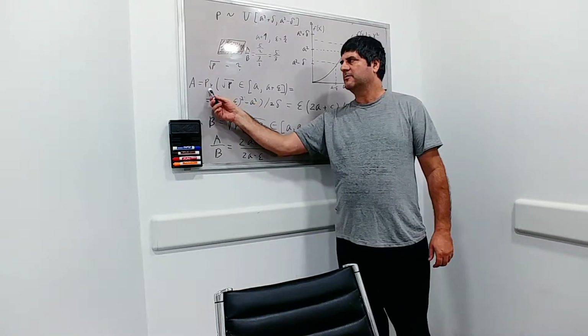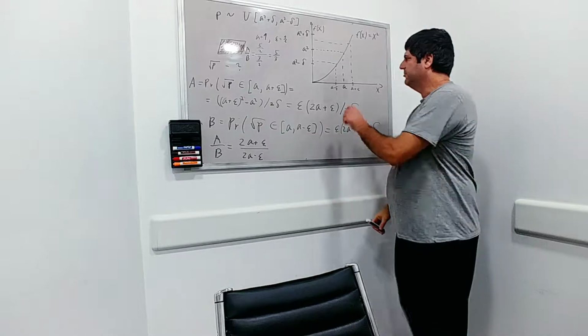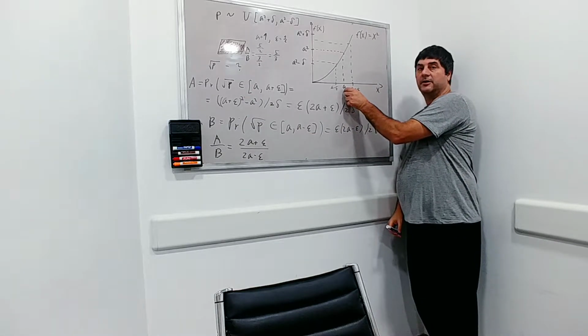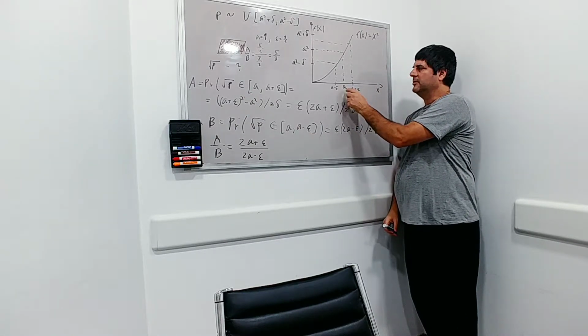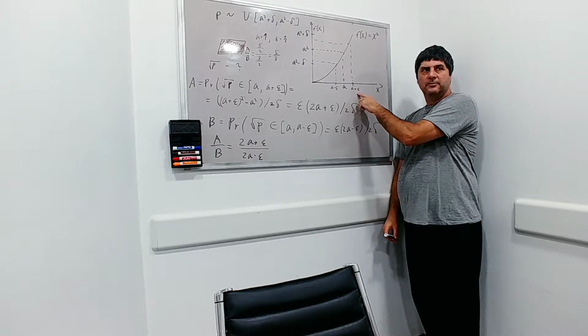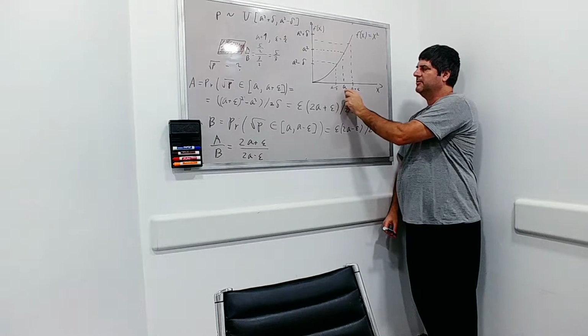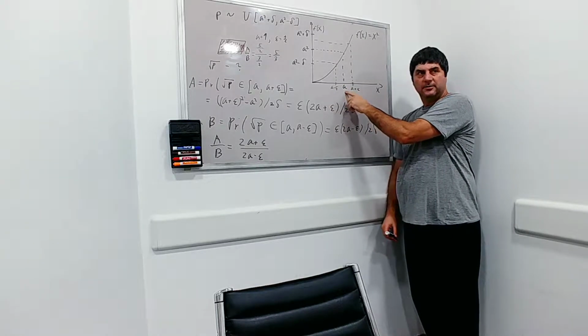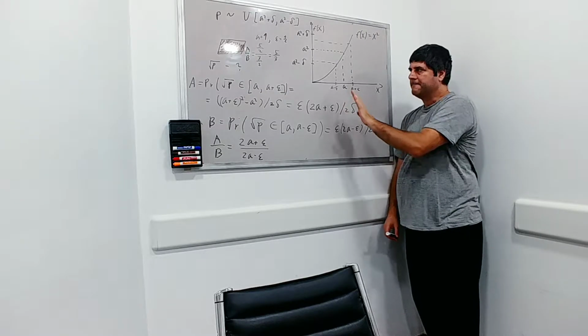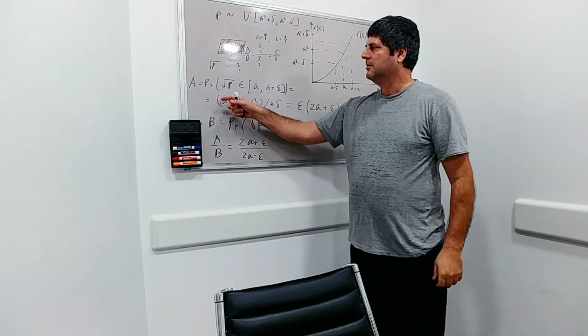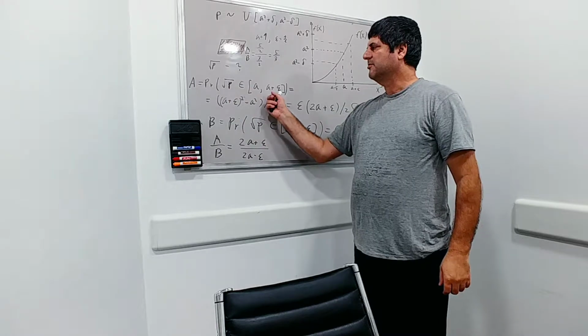So I want to understand what's the probability of getting a point here between a and a plus epsilon, or getting a point here between a minus epsilon and a. Okay? So what is this probability?